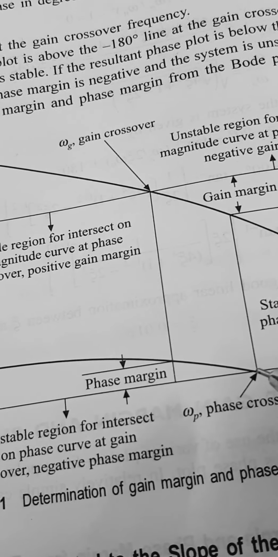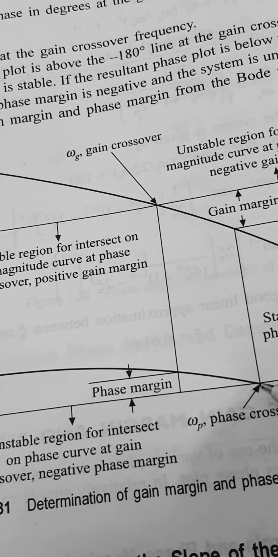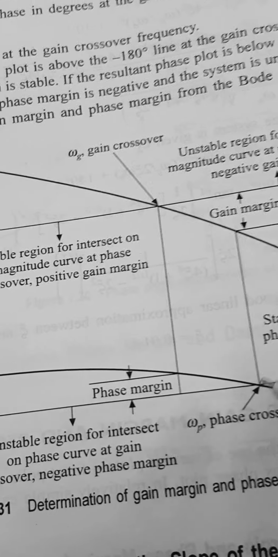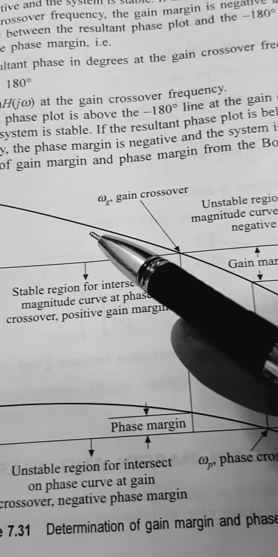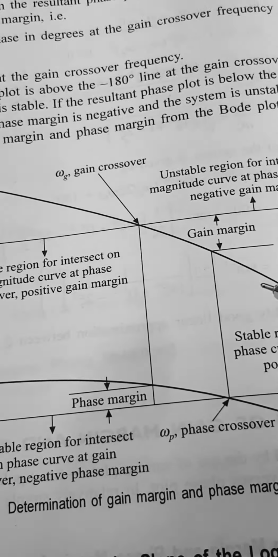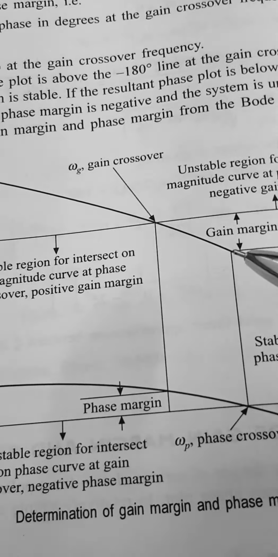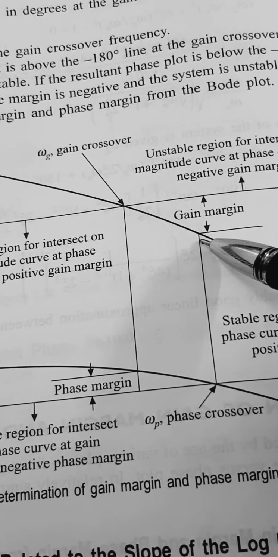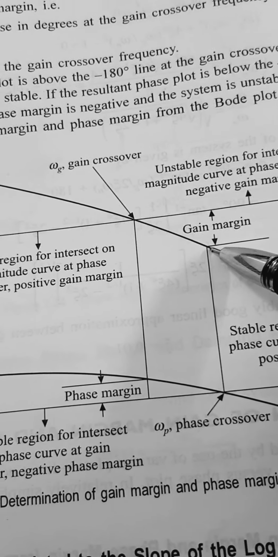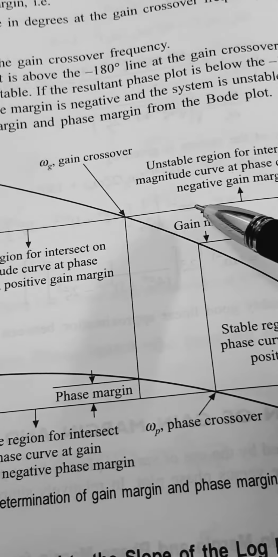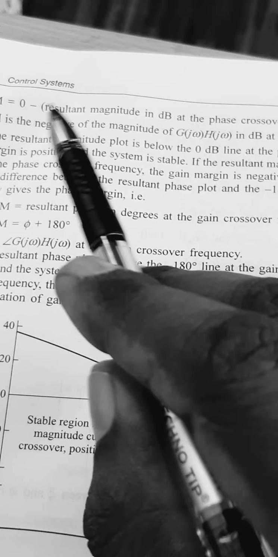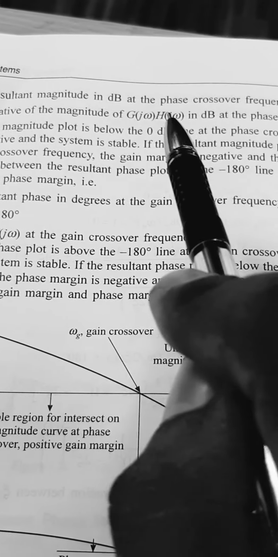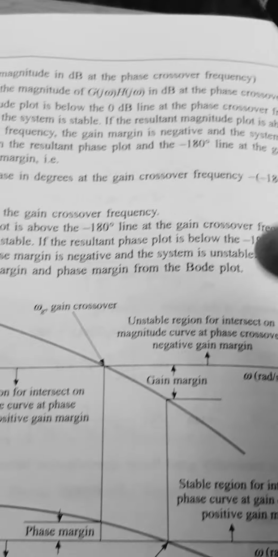So here is the phase crossover frequency. At the phase crossover frequency, you have to extend a line towards the net gain, and you will touch a point on the overall gain graph. Now the difference between 0 and that point gives the gain margin, that is 0 minus the resultant magnitude in dB at the phase crossover frequency.